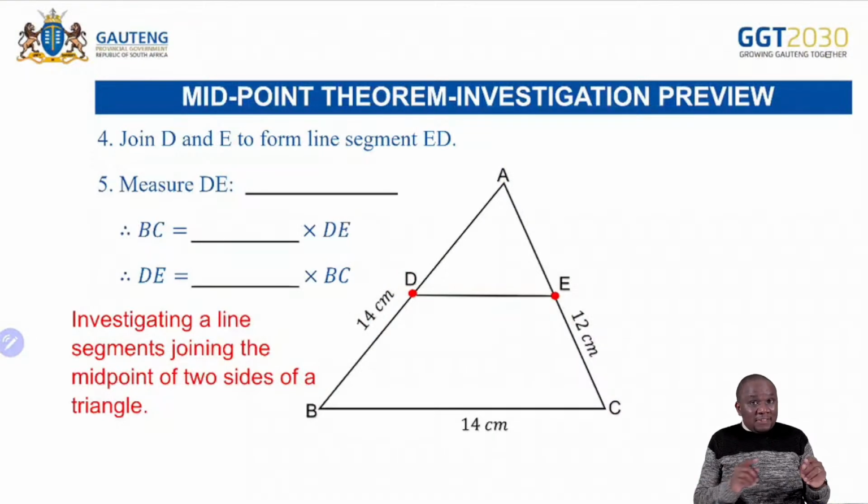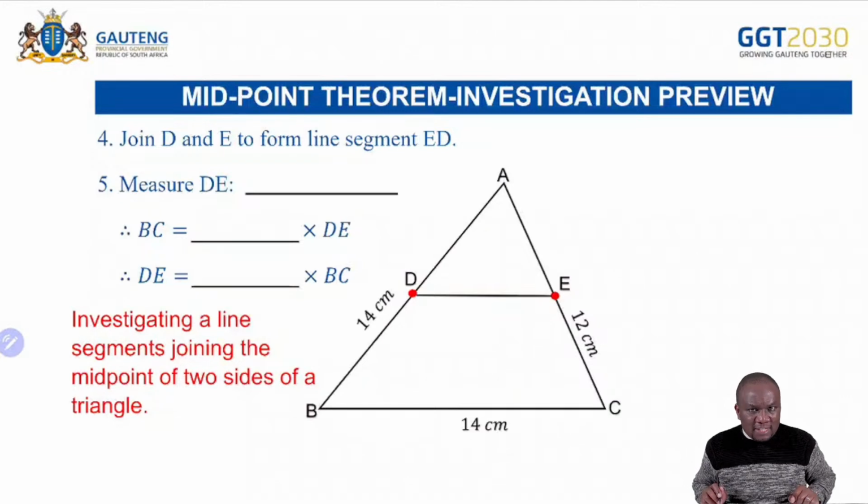You see, we have the line segment DE, which is joining the midpoint of AB and the midpoint of AC. We want to see the property of this line segment in relation to BC. We have the midpoint of AB, the midpoint of AC, and the line that we form, DE. How is it related to BC? That's what we want to find out.